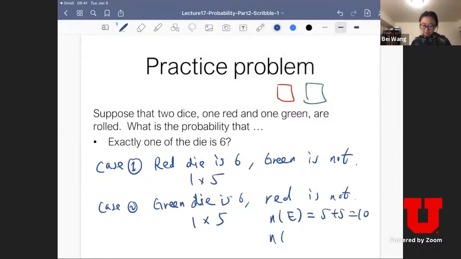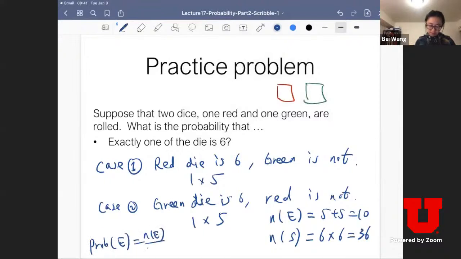And then the size of the sample space, right? You roll 2 dice. The first one has 6 choices, the second one has 6 choices, so 36. So the probability of the successful event is n of E over n of S, which is 10 over 36, which is 5 over 18.